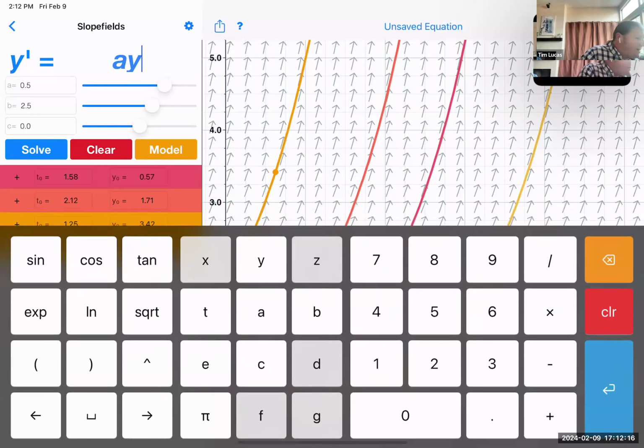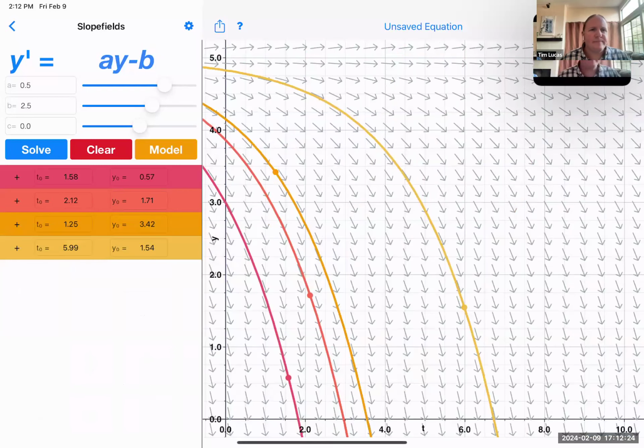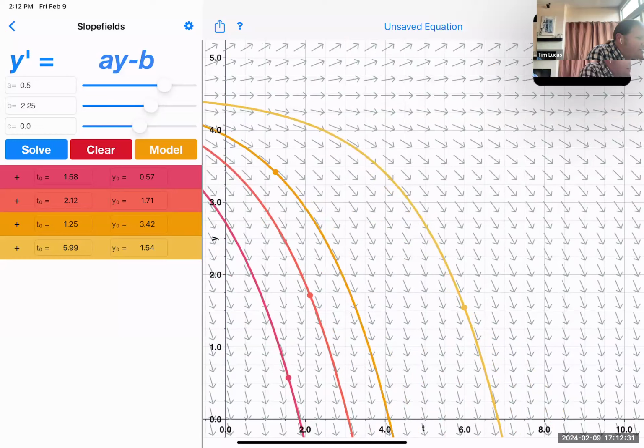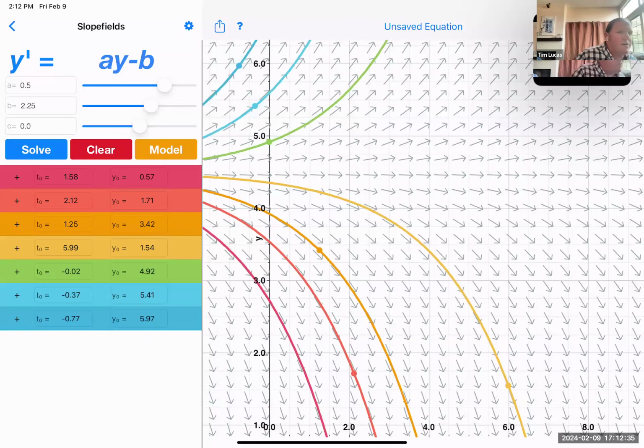So I'm going to subtract a value, and you could put numbers in if you want, but I like to make my numbers parameters so that you can use the sliders to change what the parameters are in your model. So here we could have exponential growth, as you see, but some sort of constant amount of trapping.